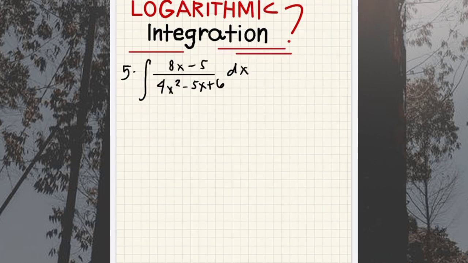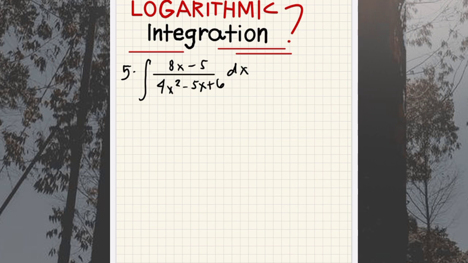This is our problem number 5. The integral of 8x minus 5 over 4x squared minus 5x plus 6 dx. So this is the same process just like what we did earlier. We want to check if the numerator is the derivative of the denominator.